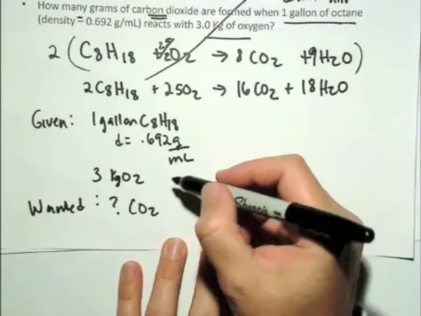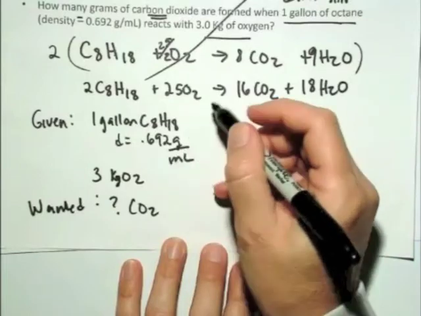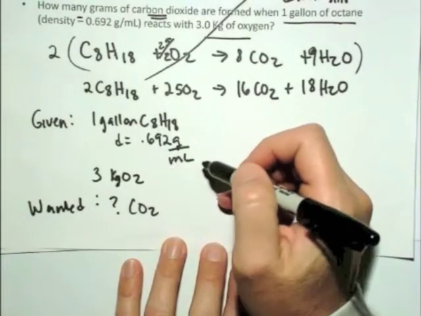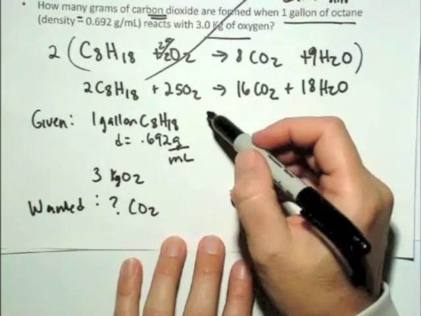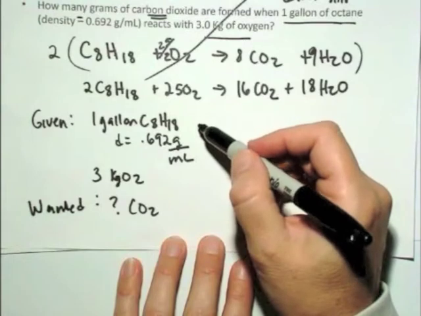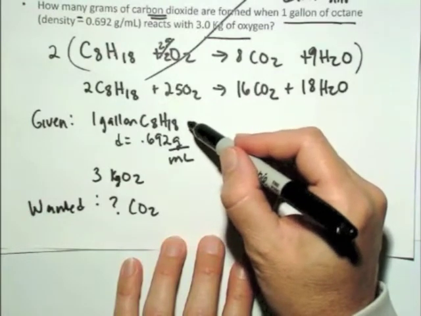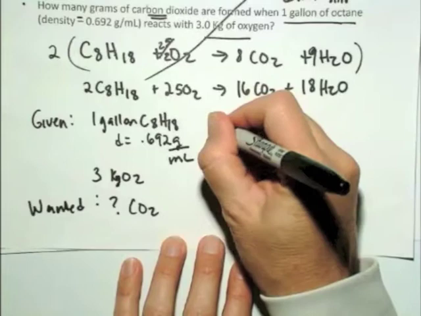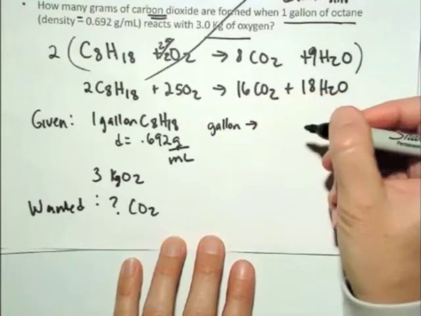All right, so first of all, for the octane, they didn't tell us a mass. They gave us the volume in a gallon, and then they also gave us the density in units of grams per milliliter. So what did you all do? All right, were you stuck there? What you needed to recognize is that you need to figure out the number of moles of octane. And so if you're given gallons, you got to figure out how can you get from gallons to moles.